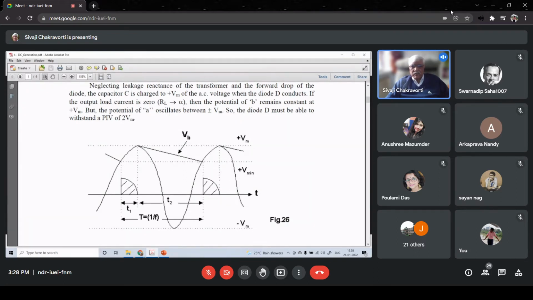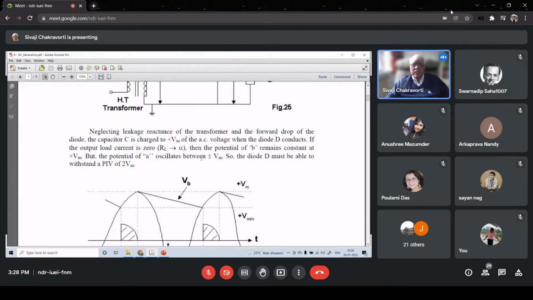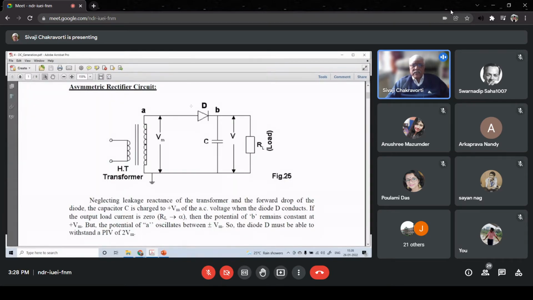And only from that theta, the terminal voltage A becomes higher than the terminal voltage B, and the diode D becomes forward biased again.